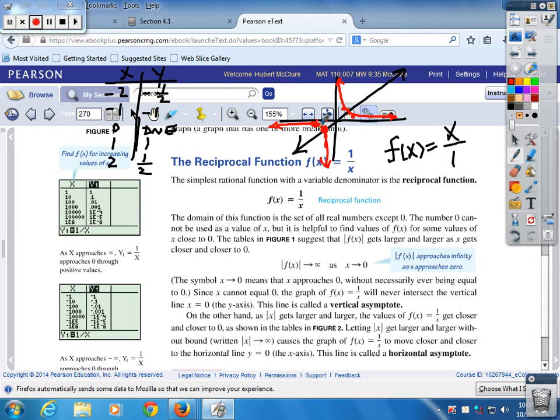Basically, the black line bisects these 2 parabolic looking wings, if you want to call it. Now, what about this one? F of x is equal to x squared. What's the reciprocal function of f of x is equal to x squared?